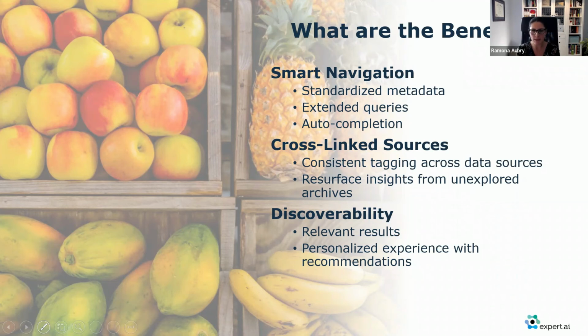And last but not least, I would say that the ultimate benefit of using taxonomies as a way to solve business problems is around enhancing discoverability, what we call content discoverability. That means that you're going to have obviously a navigation that is easy, but you also have some relevant results and the personalized experience, thanks to some recommendations that the system can make.